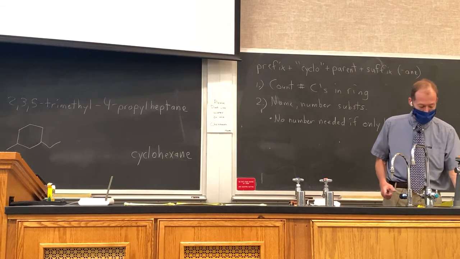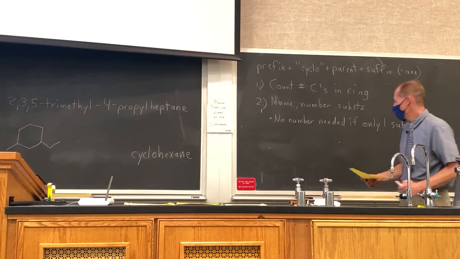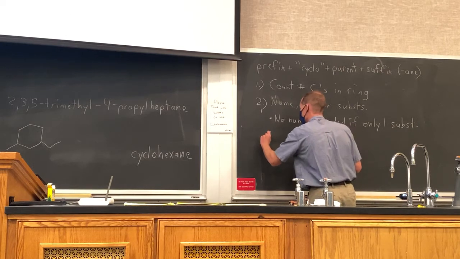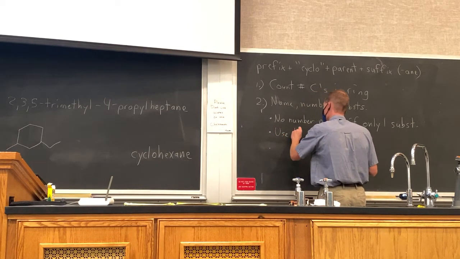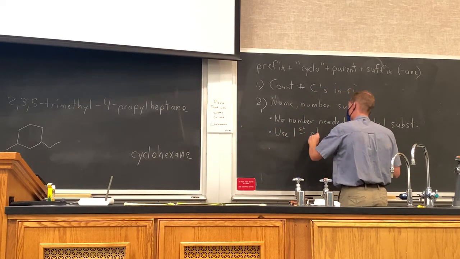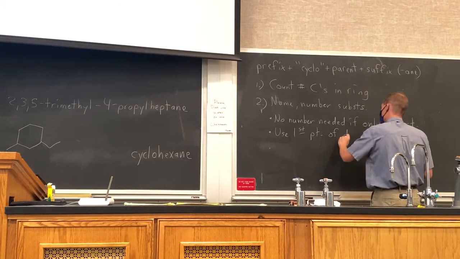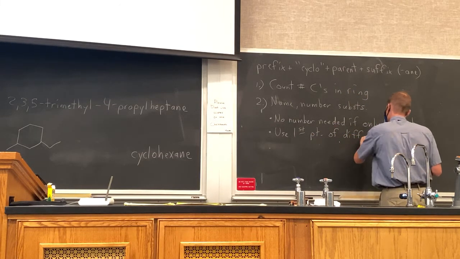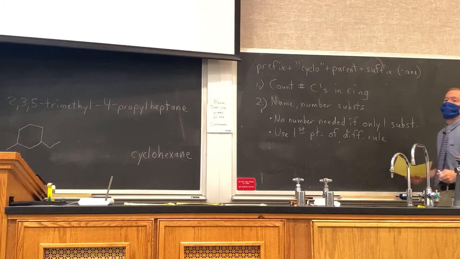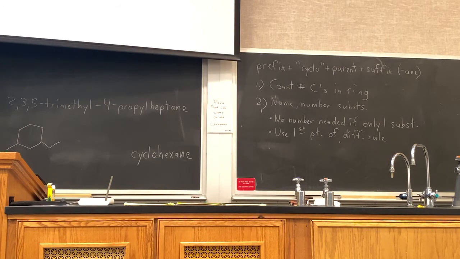Okay? So, if we have to number, we're going to use the first point of difference rule, which we learned on Monday. And when we apply the first point of difference rule to cycloalkanes, the way we apply it is we number in the direction that gives the lowest number to the second substituent that we encounter.